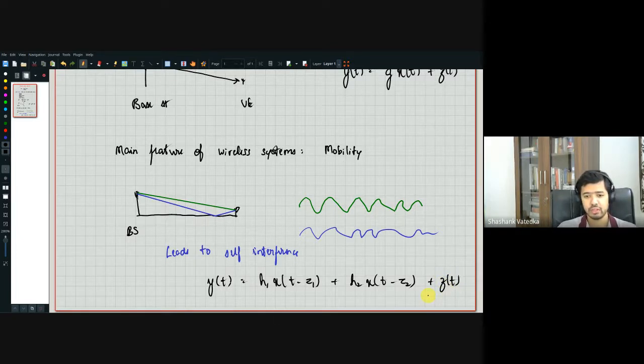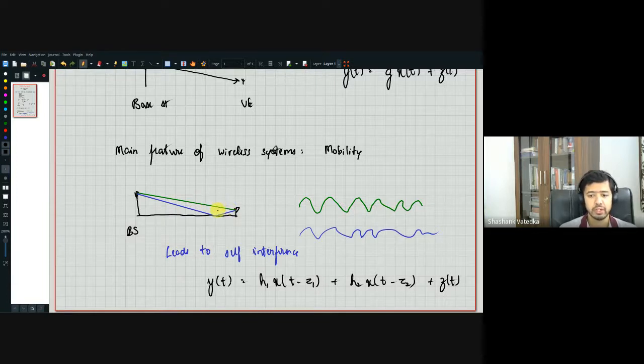Typically tau 1 and tau 2 are not too different from one another, because the distance traveled in the second component is approximately the same as this component.